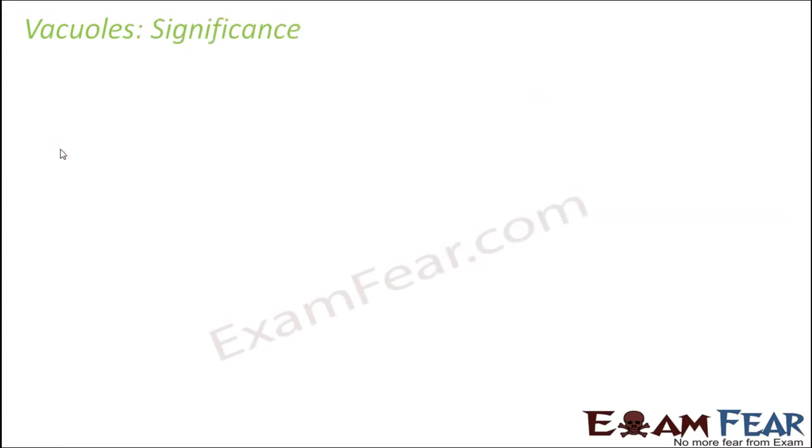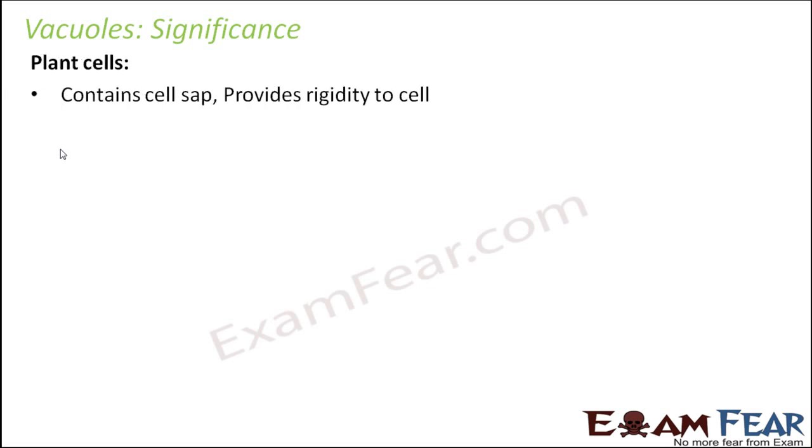So now let us quickly look at the significance of vacuoles. As I already mentioned, in plant cells, they contain cell sap and also provide rigidity to the cell. Now, providing structural support or rigidity to the cell is very much required in case of plant cells. I have explained this before also: when the plant is very young, very small, you would have seen that everything is so tender, whether the stem, the root, or the leaves, so soft and delicate.